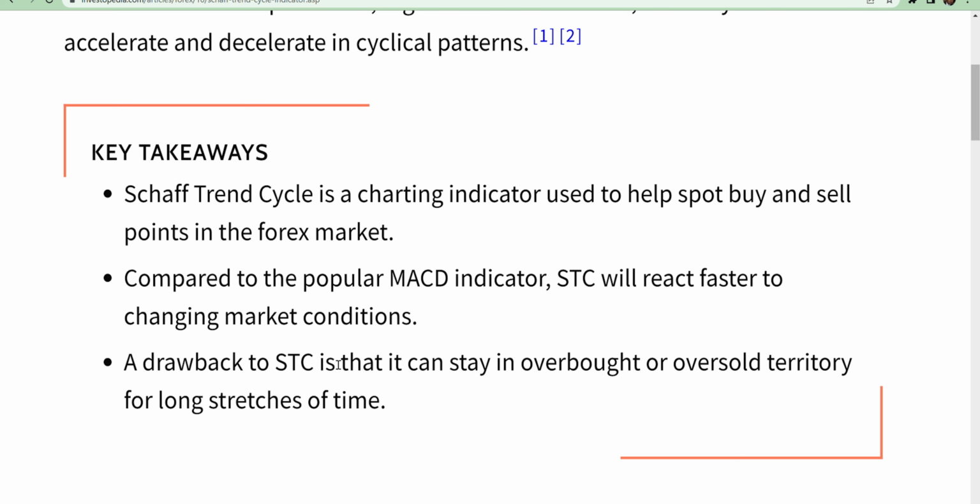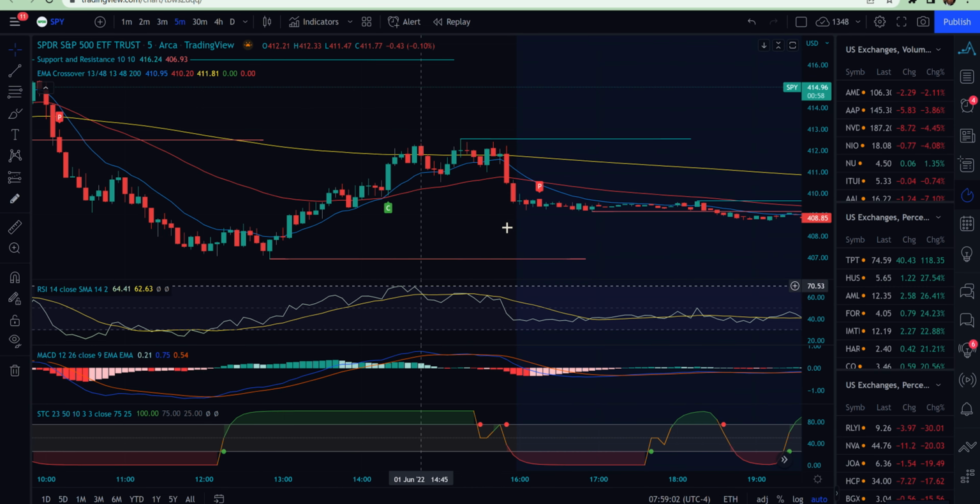A drawback to STC is that it can stay in overbought or oversold territory for long stretches of time. So let's go back to the SPY here, or our chart, and you can see it sort of alerts the buys and sells much sooner than the MACD crosses.